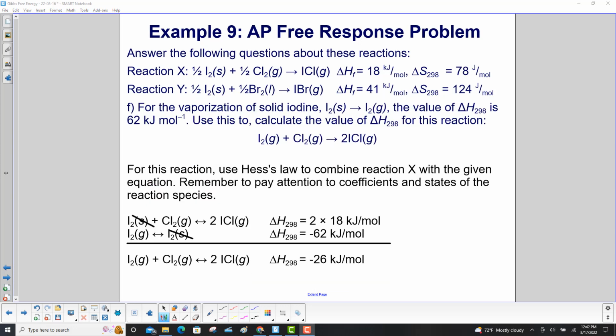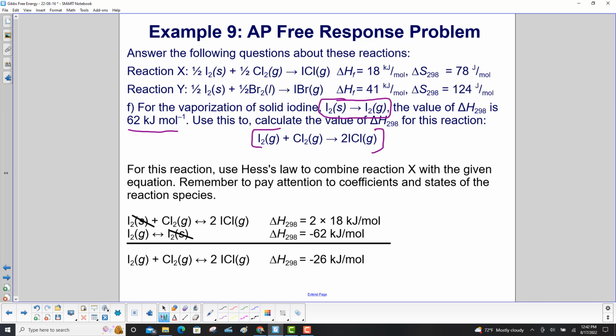For the vaporization of solid iodine, we've got a solid going to a gas, the value of delta H 298 is 62 kilojoules per mole. Use this to calculate the value of delta H 298 for this reaction.